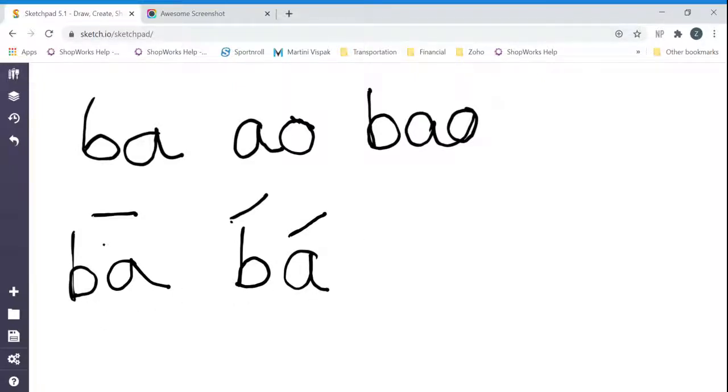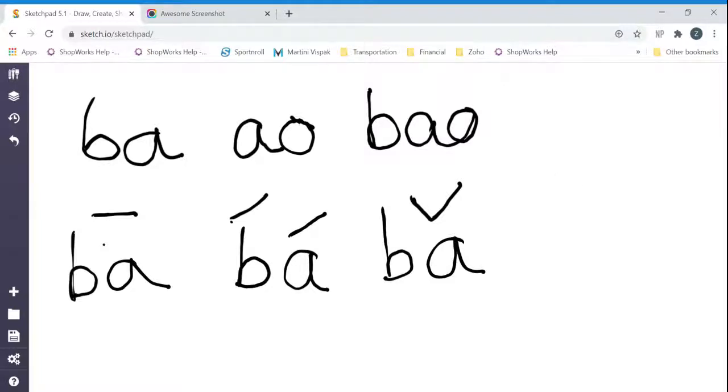And then you have the third tone, which is like you go down a little bit and then go up. So it's like ǎ. Again, for the same word, this is pronounced like bǎ.